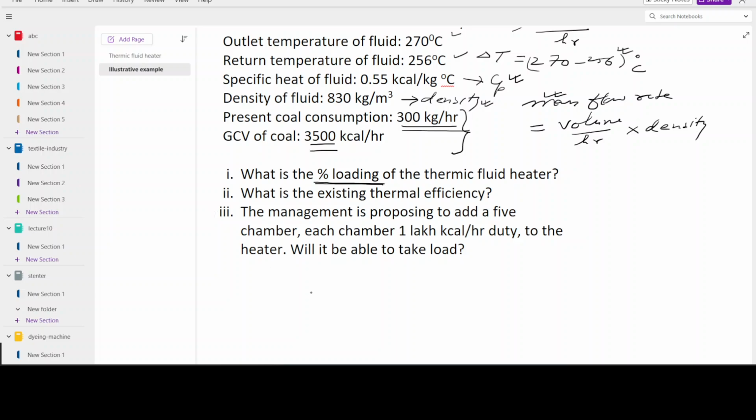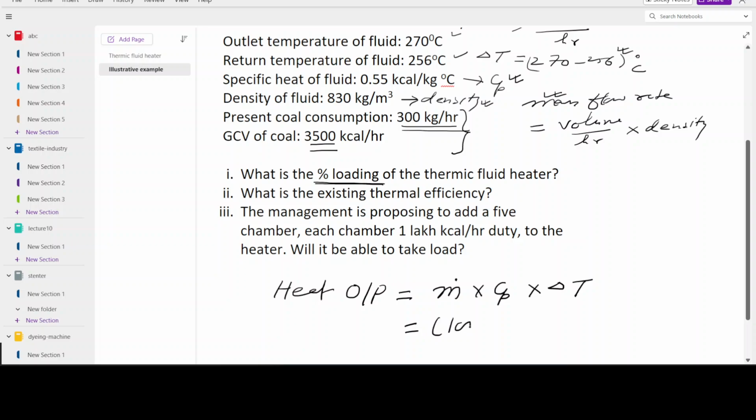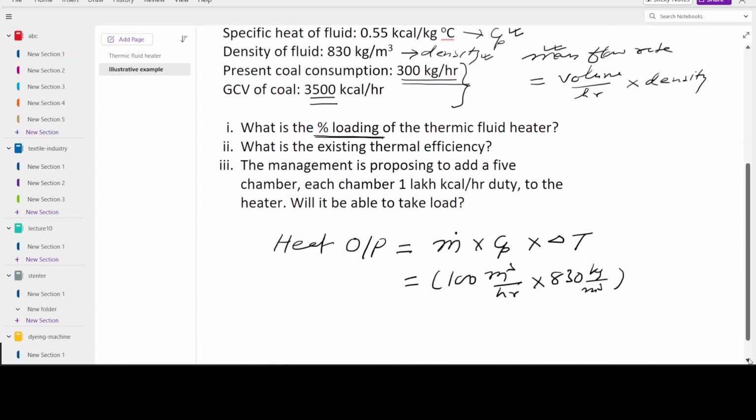First of all, find the heat output. Heat output is equal to mass flow rate into specific heat capacity of fluid and temperature difference. Mass flow rate is given: volume per hour 100 meter cube per hour into density 830 kg per meter cube. We have found the mass flow rate.